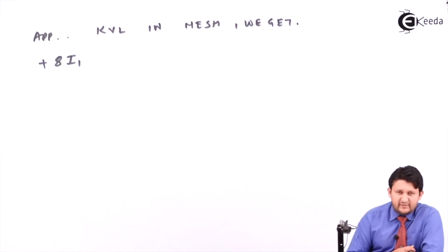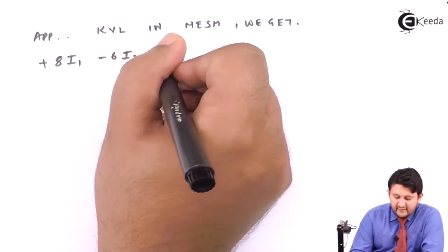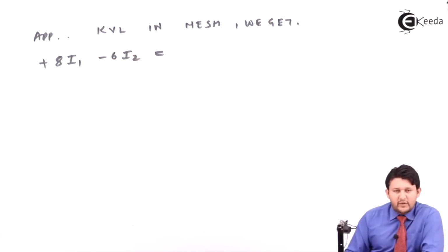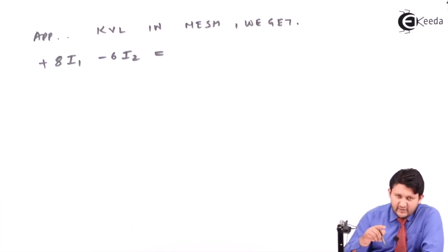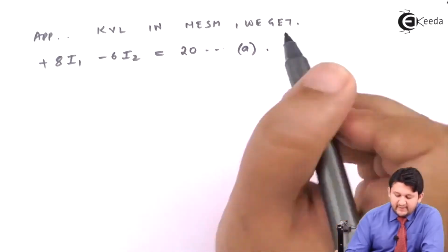Other than I1, everything should be negative. Observe if any other current is flowing. If you observe carefully, I2 is flowing through the 6 ohms, so the sign will be negative. No other current is flowing. You write equal, and after equal you write the voltage source. Observe mesh 1 carefully, my dear. Your current enters into the negative terminal, so your equation will be positive. That will be your equation.